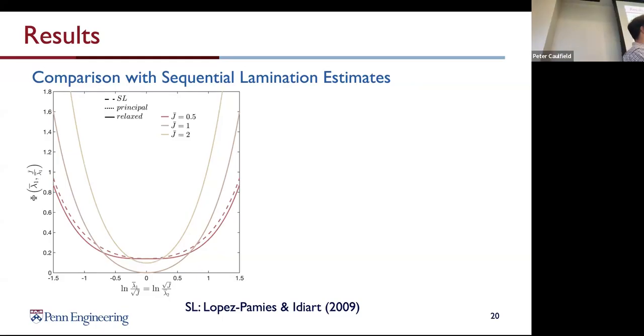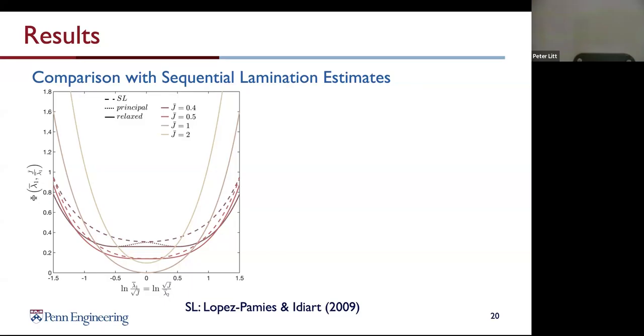As you start to compress now, this is for J bar equals 0.5, you see that the sequentially laminated result, which is this dashed line, is still a nice bowl at the bottom, but the principal and relaxed solutions are starting to flatten out at the bottom. So you're approaching something that is a little bit less convex than it was before. And if you continue to compress, you get something which in this subspace becomes this classic double well potential.